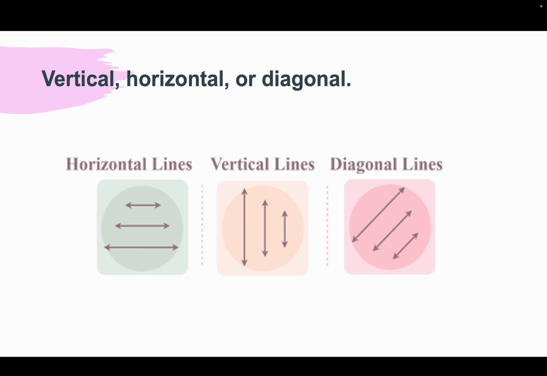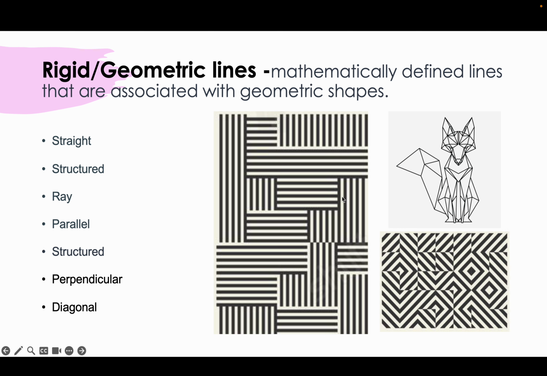So let's start with the basic forms of line. We all know that there are horizontal lines, vertical lines, and diagonal lines. And then let's talk about the rigid line, or we can say the geometric line. Geometric lines are straight, structured, and mathematically defined, often associated with geometric shapes. These lines are crucial for forming shapes and figures.